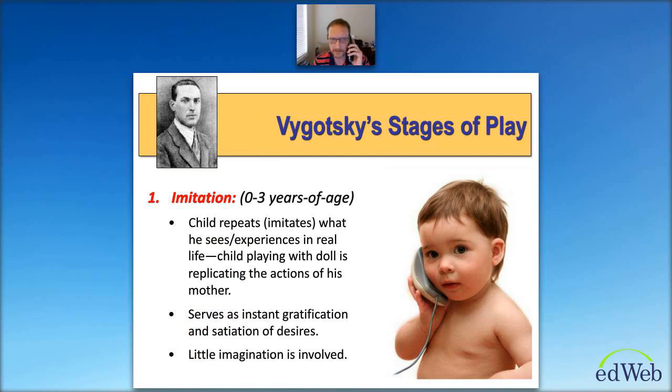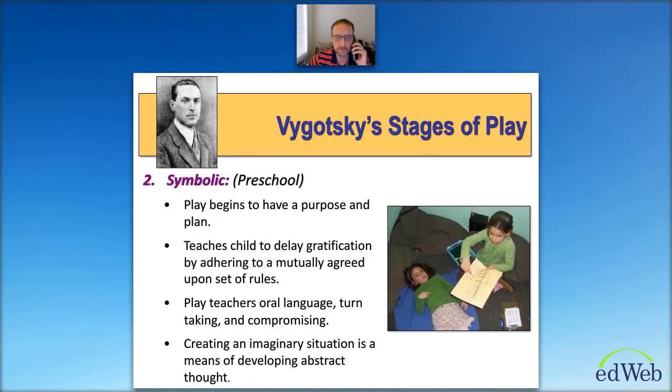It's mostly about imitation, where the child repeats and imitates. And this is very important because remember, we're talking about infancy and toddlerhood as a critical period of development, to be object-oriented and learn about themselves in relation to the environment. So imitation is an important level that the child will go through.